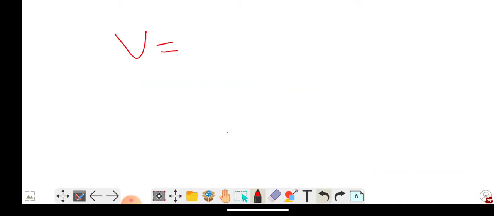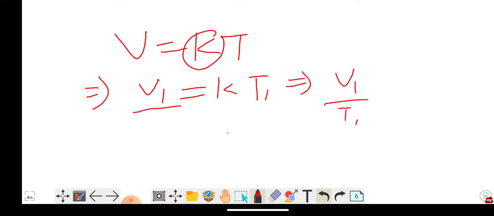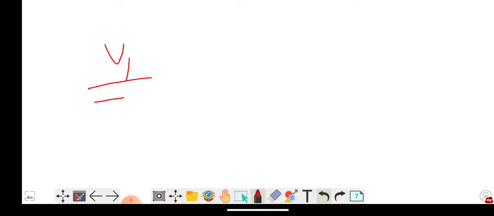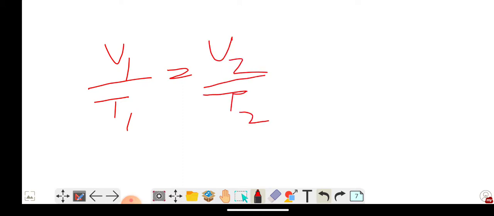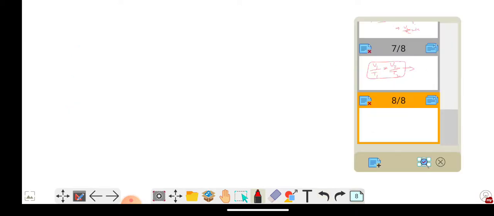Now since V is equal to KT, if we put V1 equal to K T1, this implies V1 by T1 is equal to K. In the same way, V2 by T2 is equal to K. So V1 by T1 is equal to V2 by T2. So this is an equation.